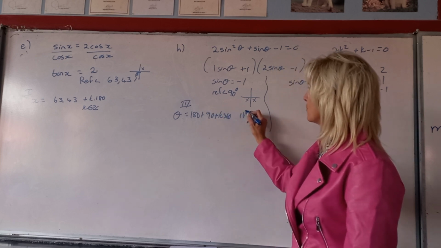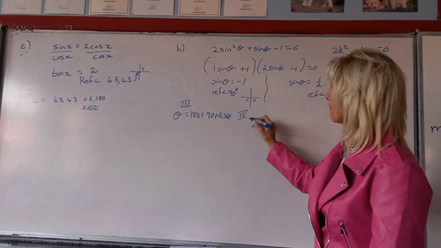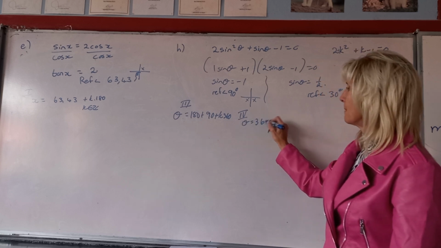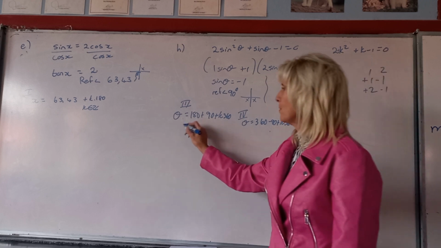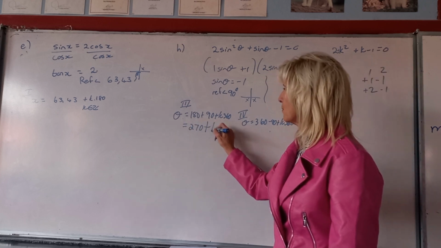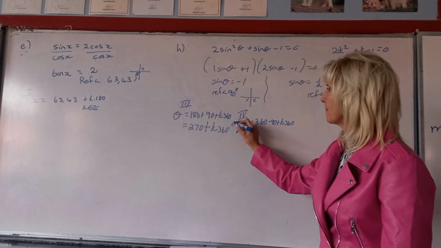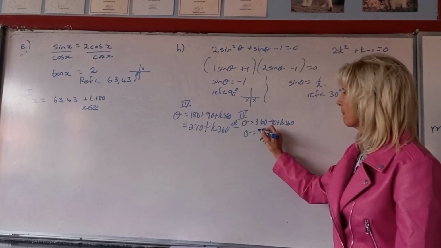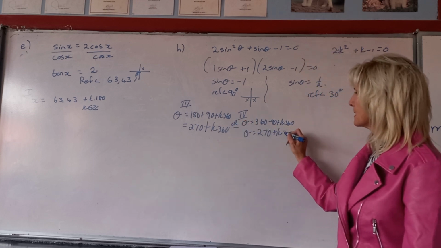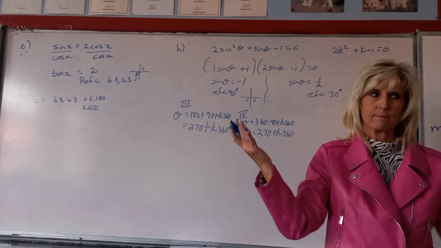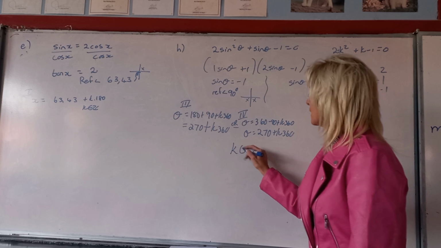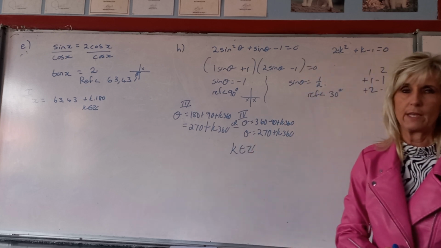For the fourth quadrant, we've got theta is equal to 360 minus 90 plus K360. And both of them are 270 plus K360. Does that matter? It's exactly the same thing, like in algebra when we have x is 3 or x is 3. And don't forget your K's sooner rather than later, and you forget.